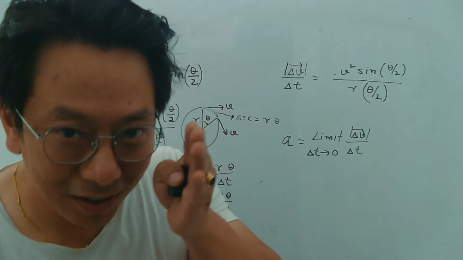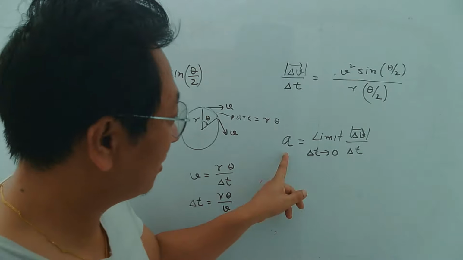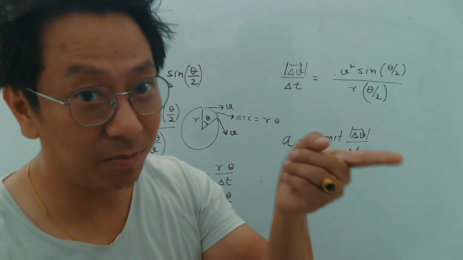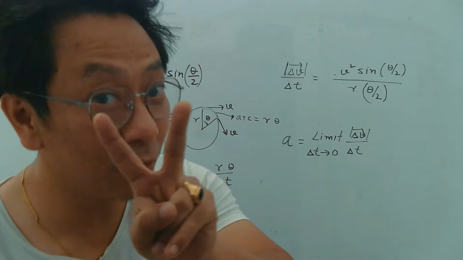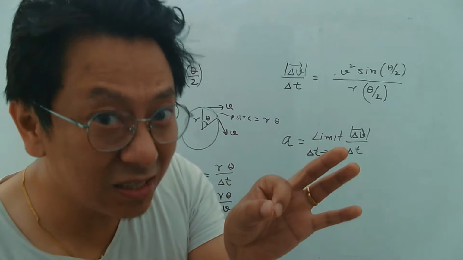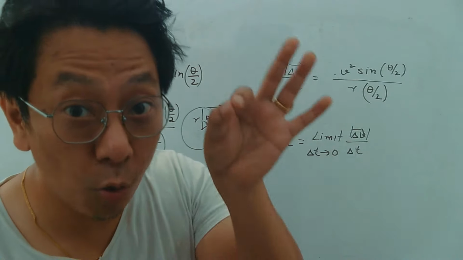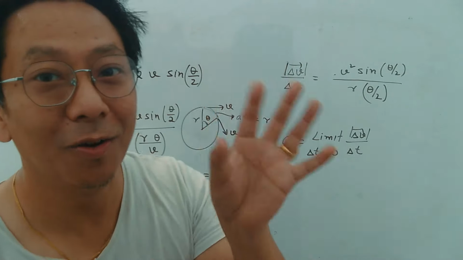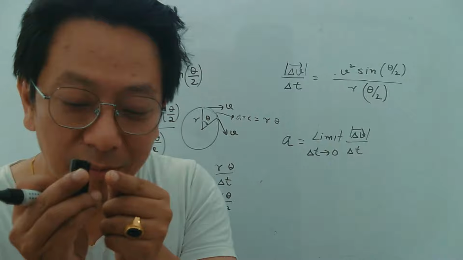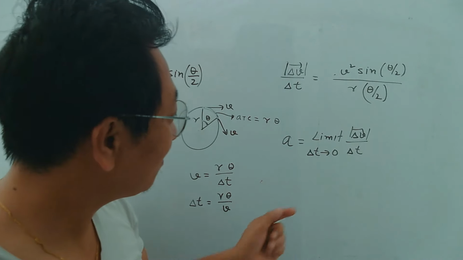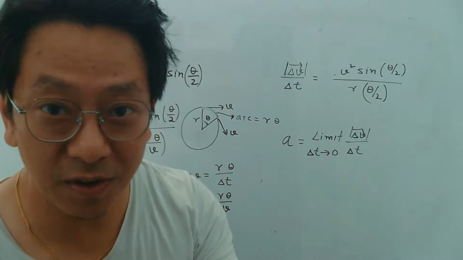So at a particular instant, if you want the acceleration and not the average acceleration between two instants. So this is average acceleration between two instants. I want instantaneous acceleration at one instant. Then the time taken has to be very small. Those two times should be very close to each other. So your time interval should be very small.